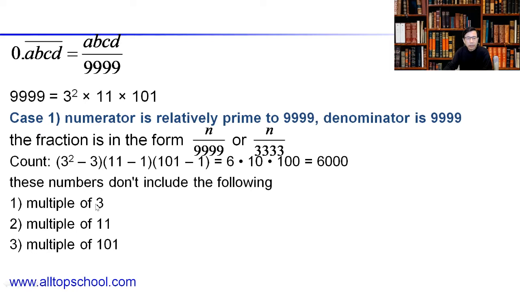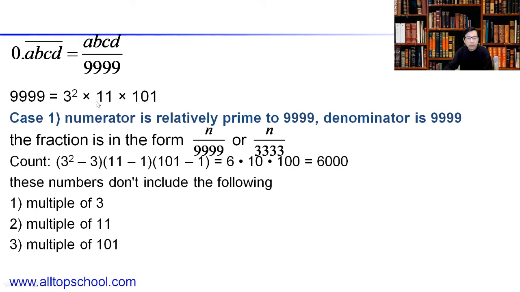If these numbers are included in the numerator, then certainly the denominator should not have this as a factor. For example, the entire denominator is supposed to be 3 squared times 11 times 101, but if the numerator is a multiple of 3, then the denominator cannot have this 3 as part of it.